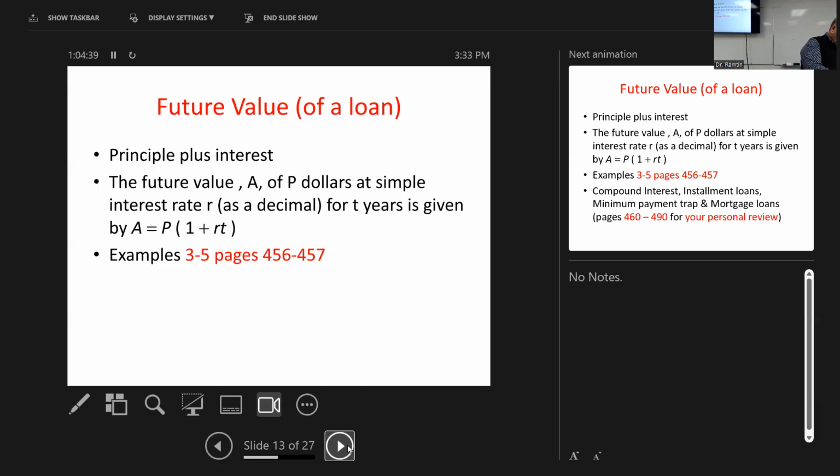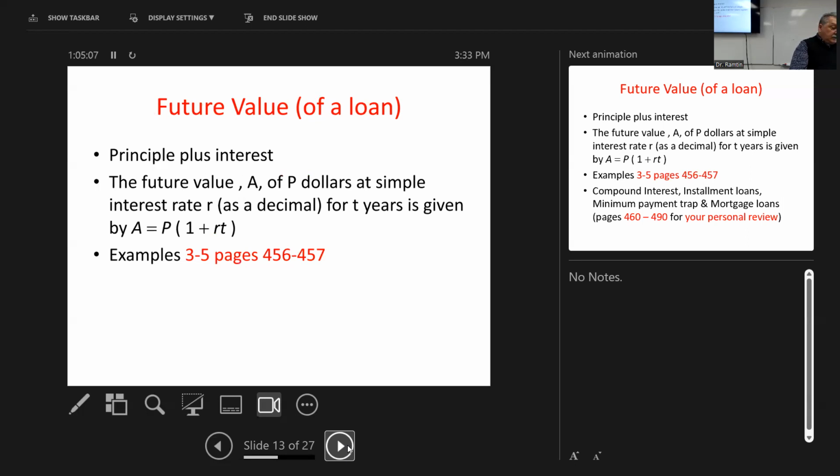The principal of the loan was 1060, the rate is 6.5%. I move the decimal 2 places to the left, it becomes 0.065, and the time is, where's the time? Oh, 3 months.